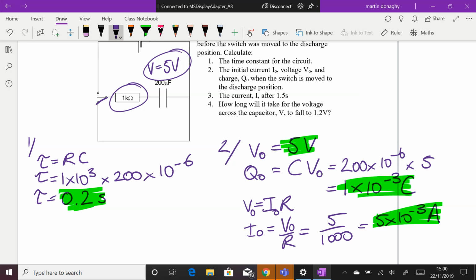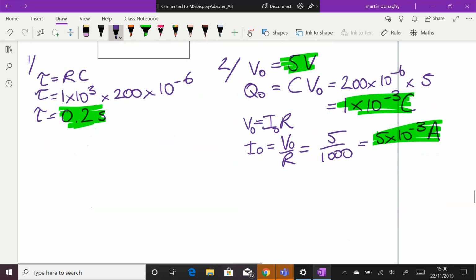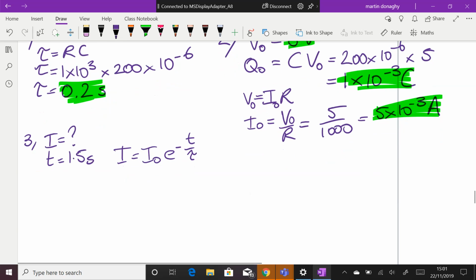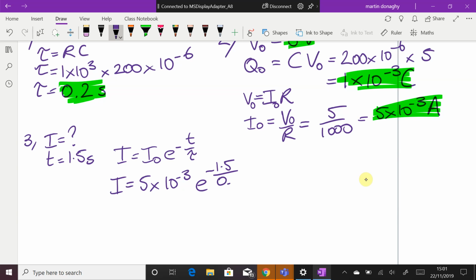Question 3 then asks for the current after 1.5 seconds. So we're trying to find I after a time of 1.5 seconds. We're going to be using I equals I naught e to the minus t over tau. Put in our values. I equals I naught, 5 by 10 to the minus 3, e to the minus 1.5 divided by our time constant, which is that.